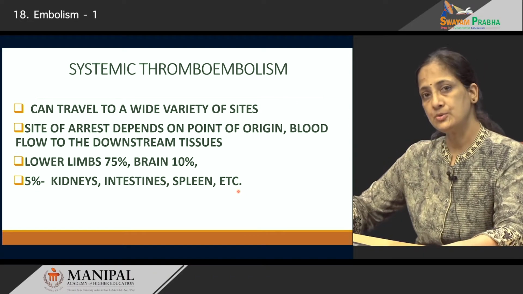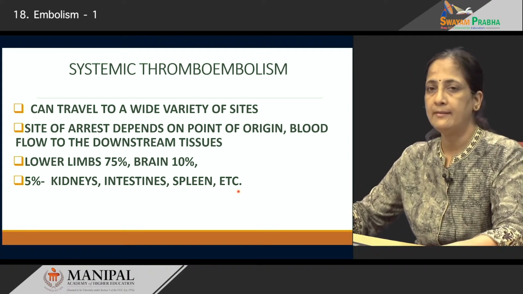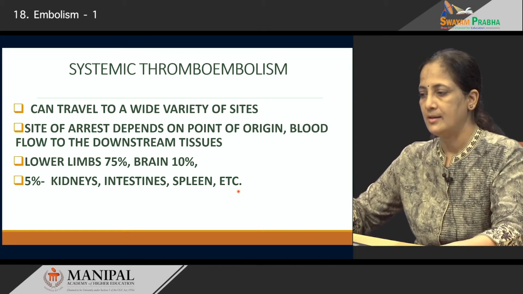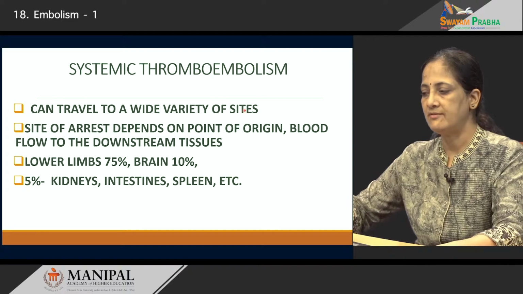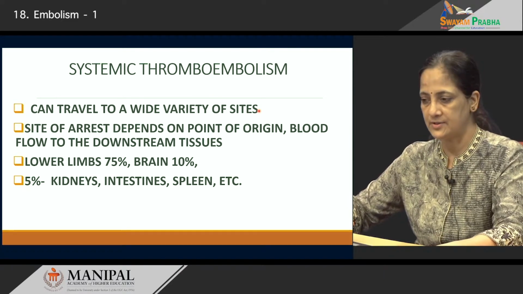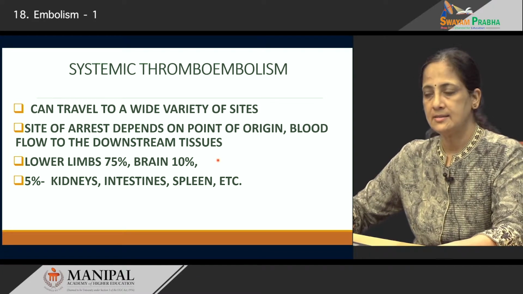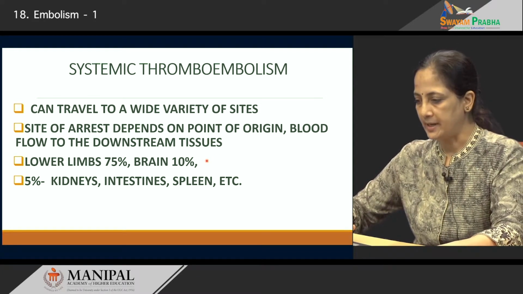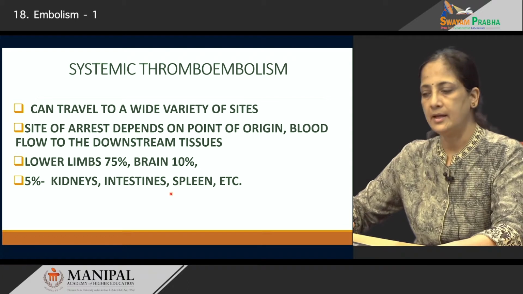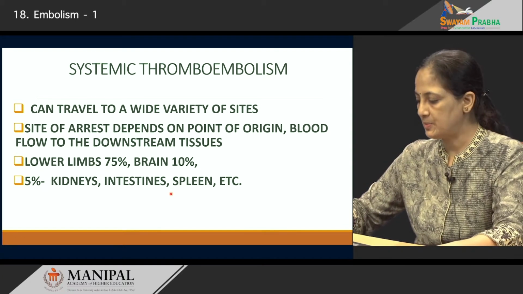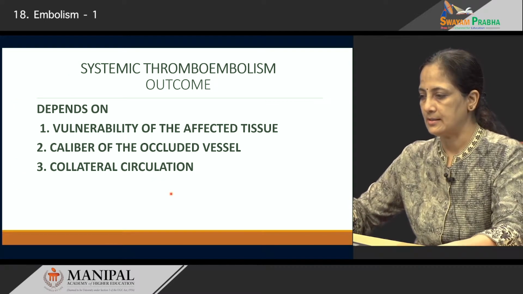In contrast to the pulmonary emboli, where emboli can only reach the pulmonary bed, systemic emboli can travel to a wide variety of sites. Many of them end up in the lower limbs, some go to the brain, the remainder involve vessels in the kidneys, intestines, spleen and other organs.